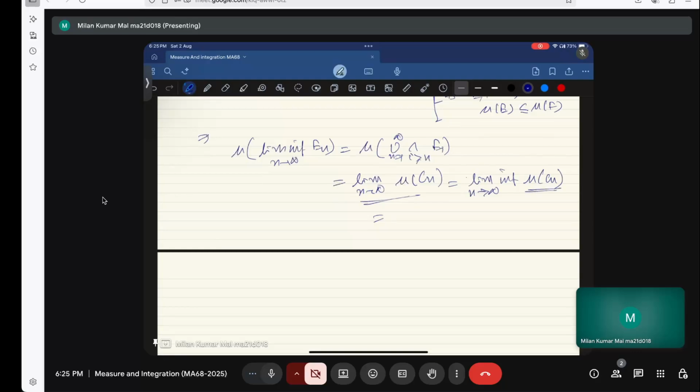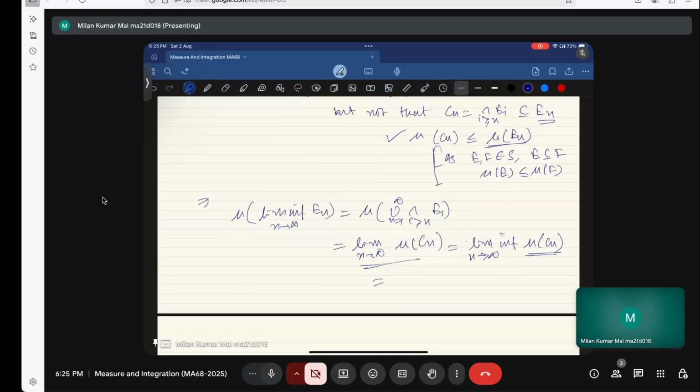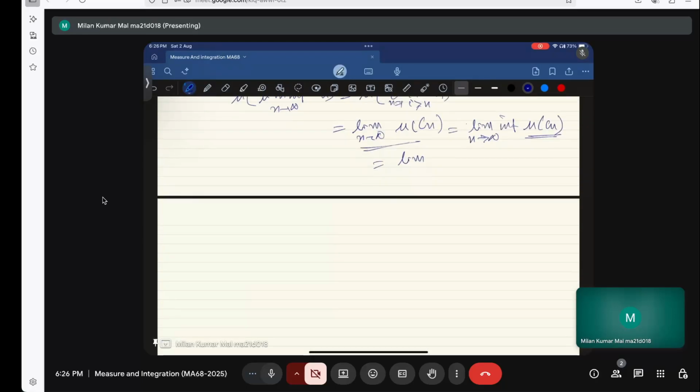We know that mu of C_n is less than or equal to mu of E_n. So the limit infimum will also preserve a similar inequality. So this is less than or equal to the limit infimum of mu of E_n. So this completes the proof.